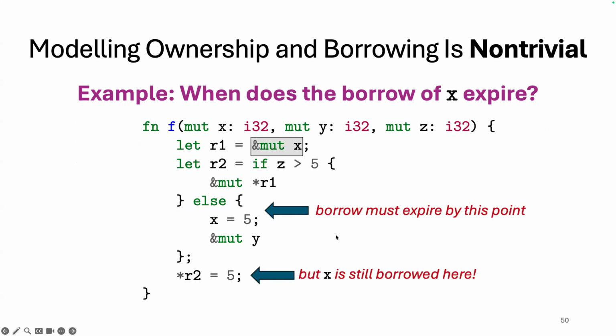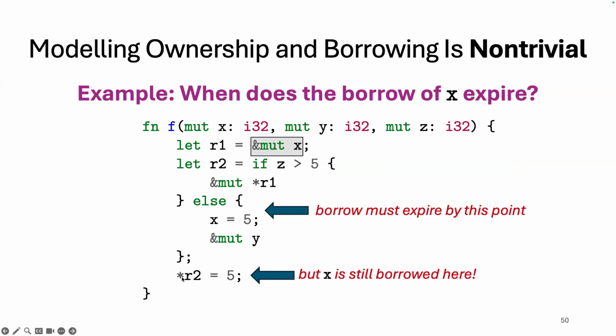The answer is that the borrow expires at two different points: it expires here, and also after the last statement. I'll show how the PCG represents this, and how the PCG more generally indicates where star R2 is getting its capability from.